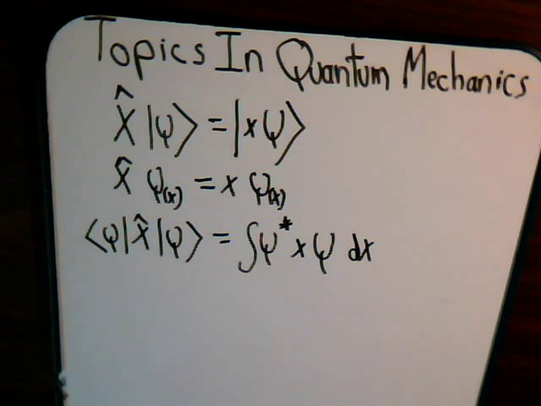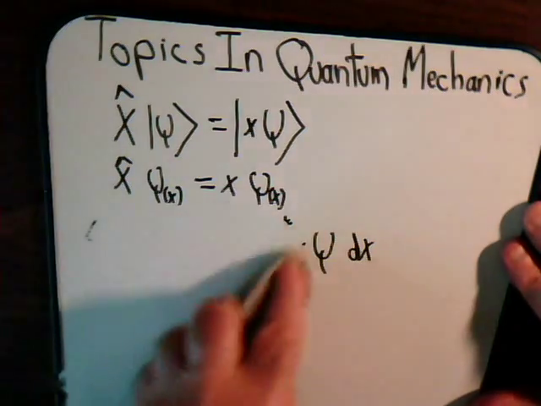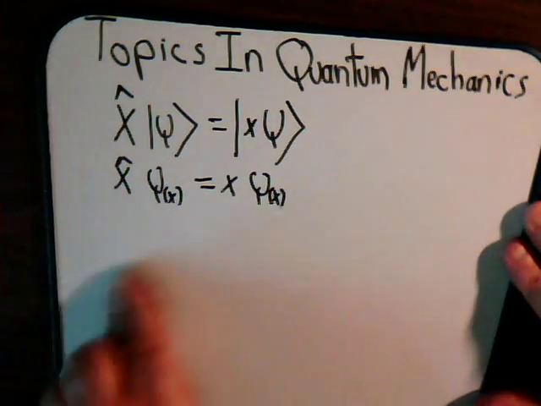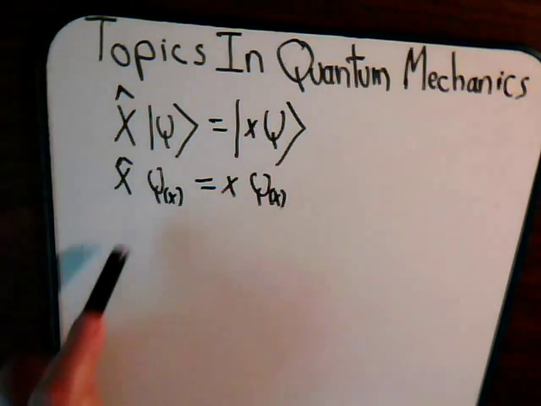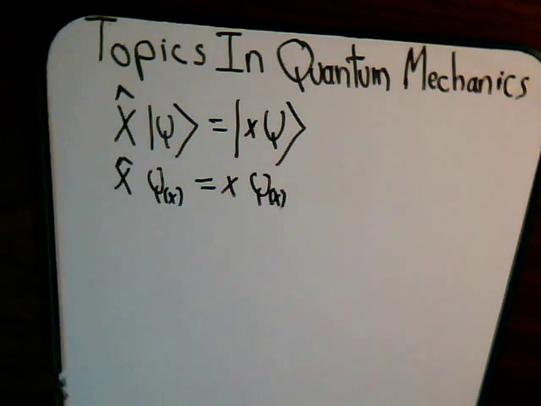Now, with that out of the way, before we try to explain this further, if the position operator indeed is Hermitian, then it should have eigenvalues and corresponding eigenfunctions.